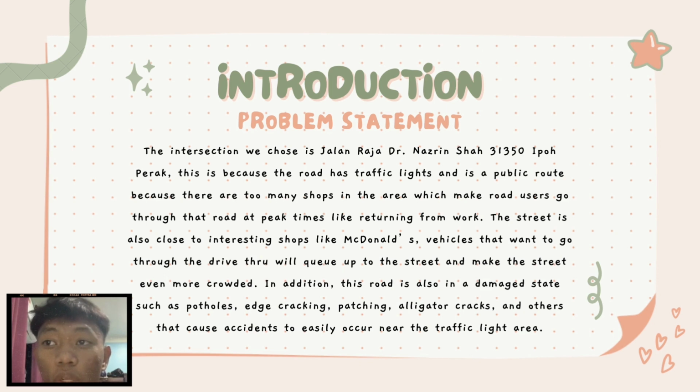And the street is also close to an interesting shop like McDonald's. Vehicles that want to go through the drive-thru will queue up to the street and make the street even more crowded. In addition, this road is also in a damaged state such as potholes, edge cracking, patching, alligator cracks and others that cause accidents to easily occur near the traffic light area.